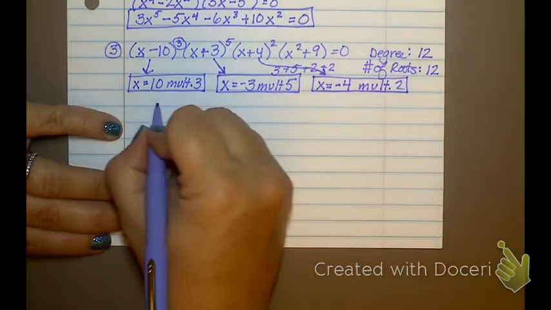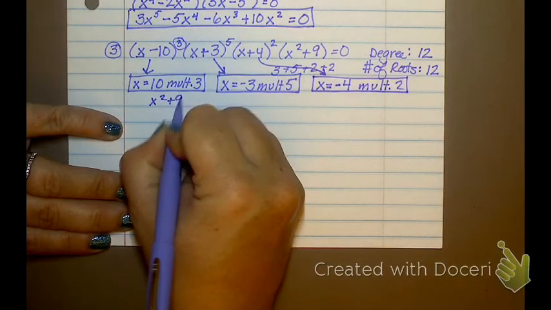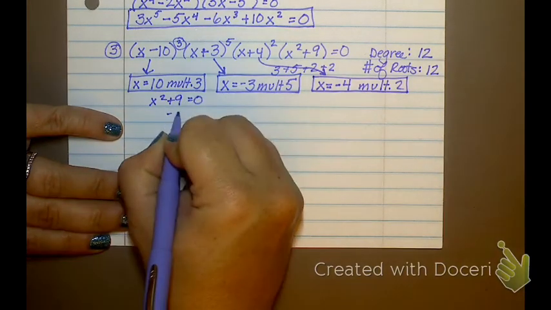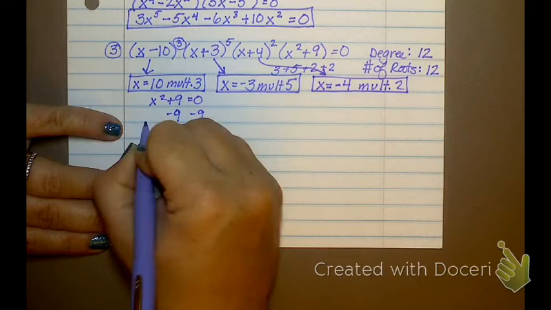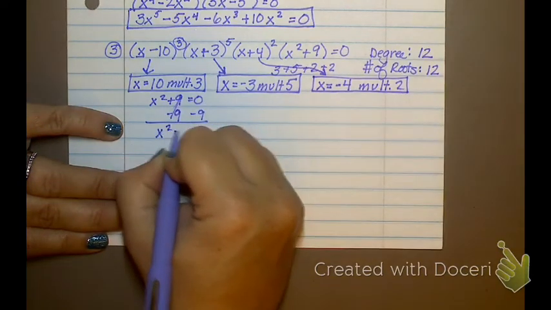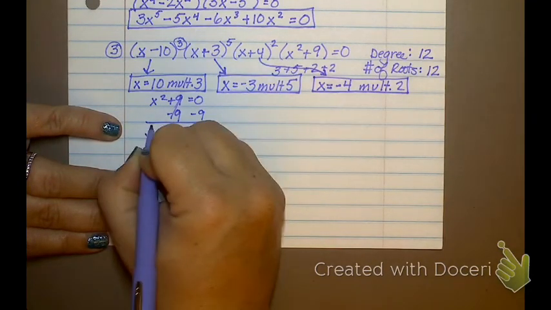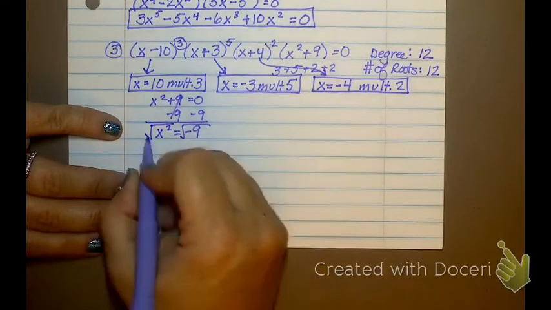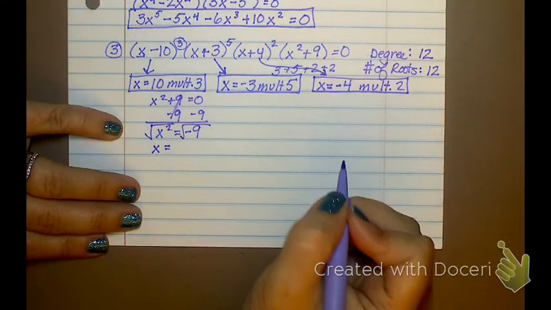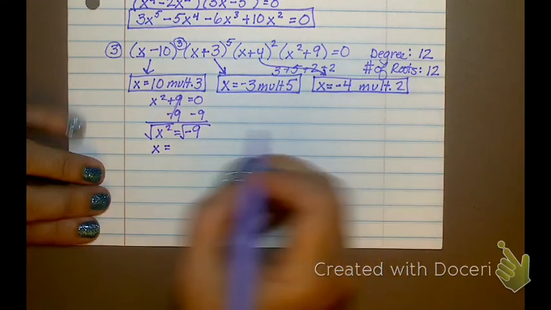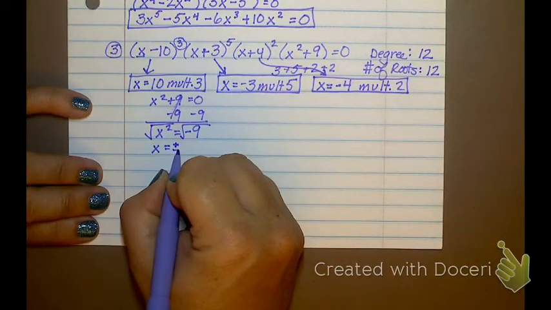So finally I have x squared plus 9. That one I'll do a little solving for. Subtract 9. X squared equals negative 9. Uh-oh. What's going on here? So I have positive and negative.